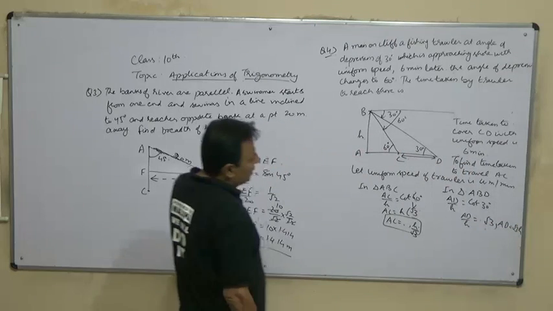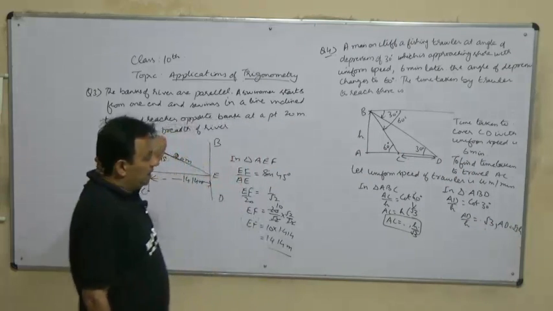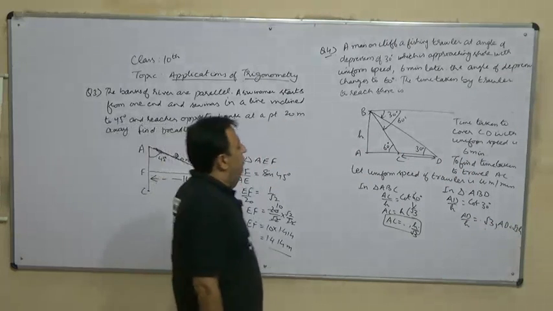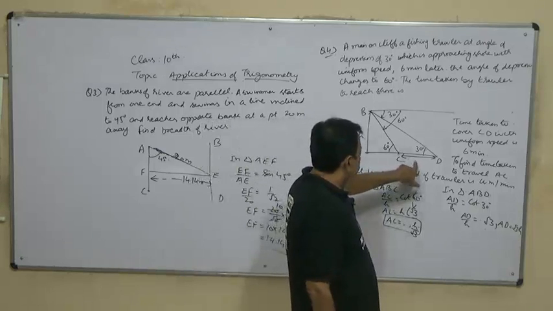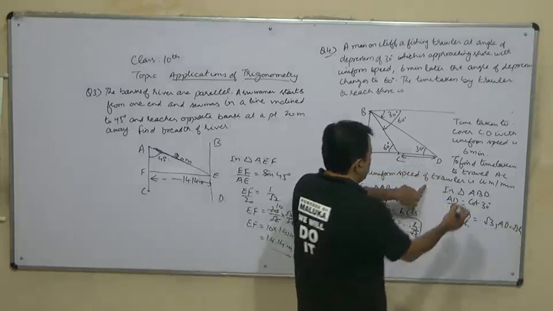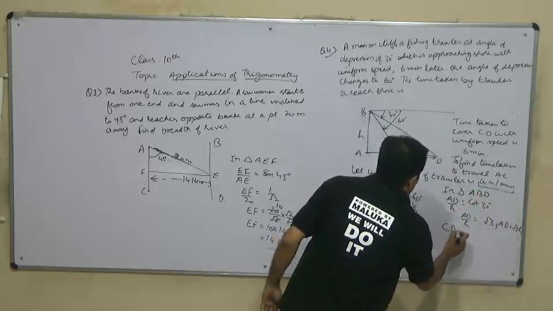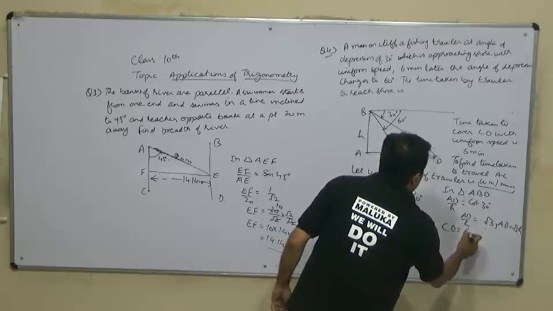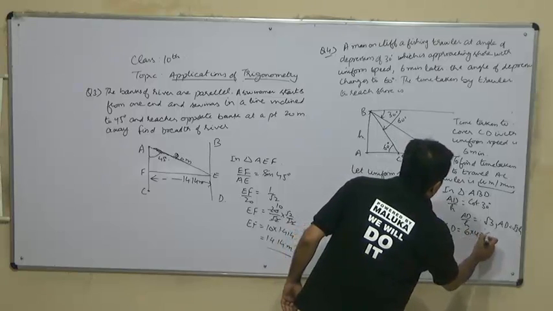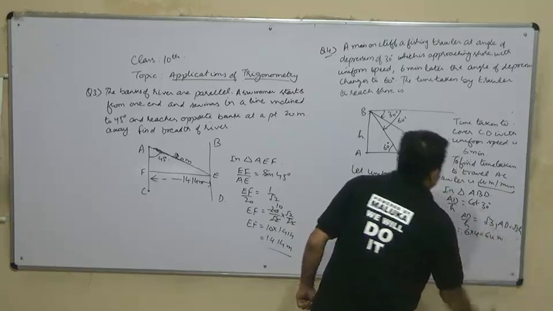Now CD is the distance travelled with the uniform speed u meter per minute in 6 minutes, so CD is equal to 6u meter.